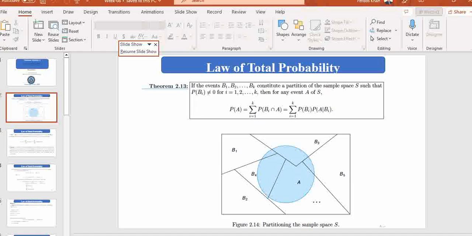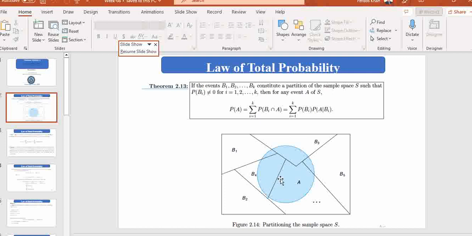Now, what was actually asked? I will use this diagram for Bayes theorem too, but in the total law of probability you are asked to calculate the probability of A. Remember, in the total law of probability we need to calculate the probability of A. In Bayes theorem, you need to calculate any of these Bi's. This is the difference, remember.